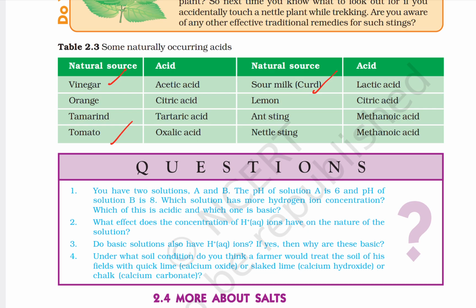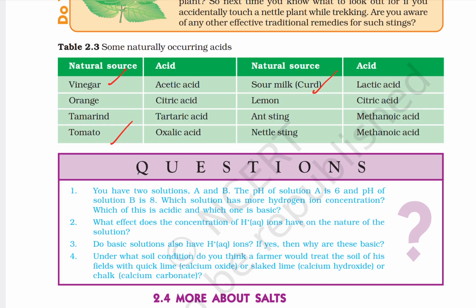It acts as an antioxidant and preservative in grapes and wines. Tea and coffee have tannic acid. It contributes to bitterness and astringency. Spinach also contains oxalic acid.